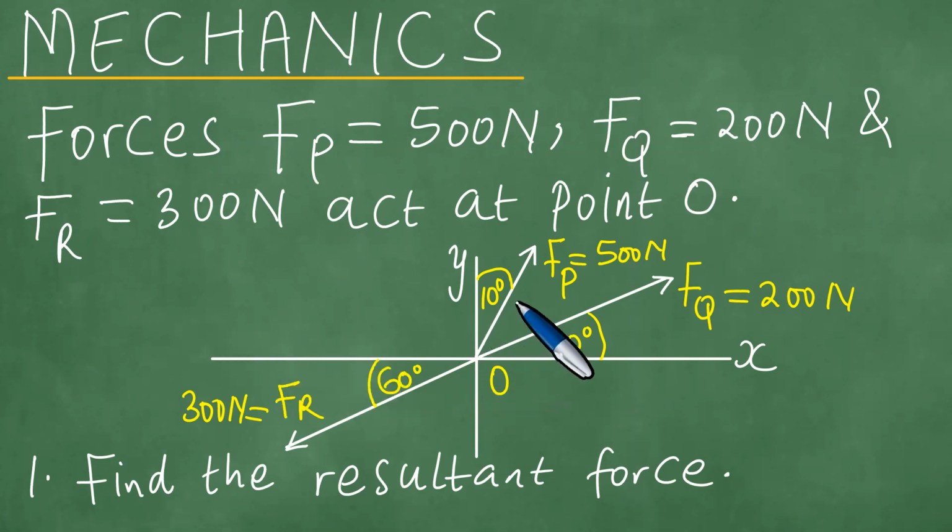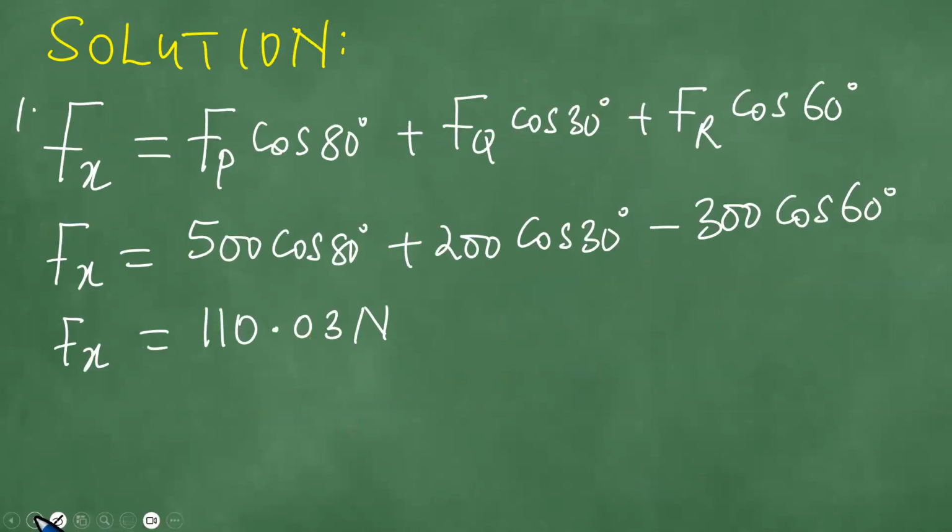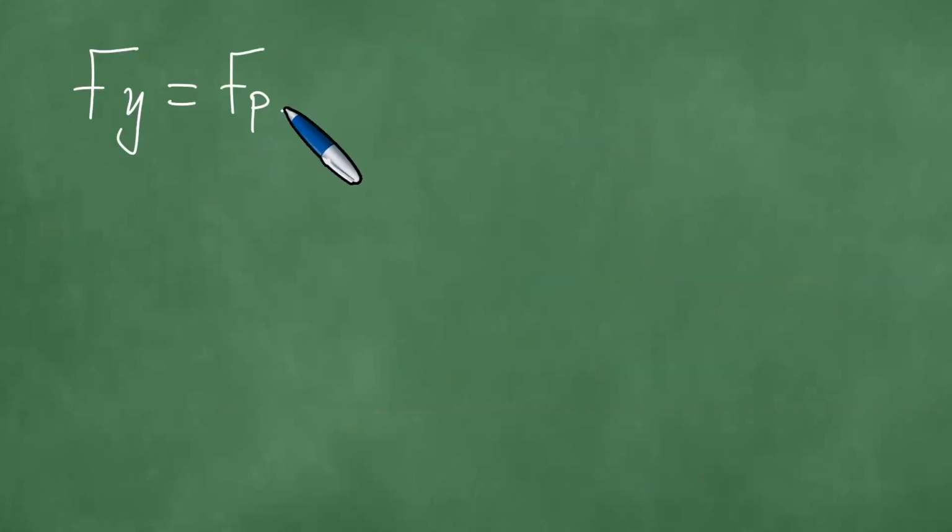For the force P, we've already seen that the angle is 80 degrees here, so that 80 plus 10 is 90 degrees there. So now we are looking at the vertical component of this force of 500 newtons. Right, so we have that, but it is associated with the sine of 80 degrees.